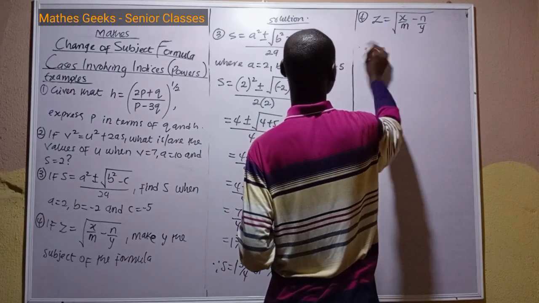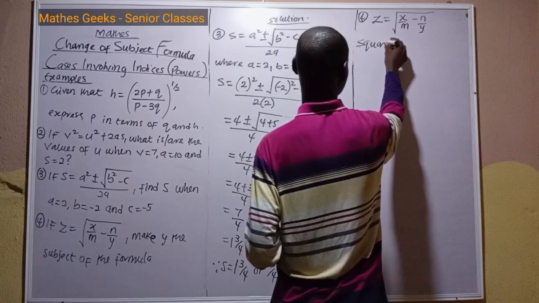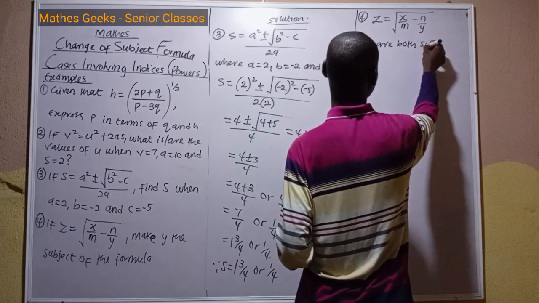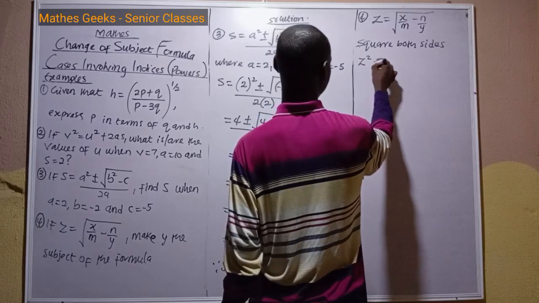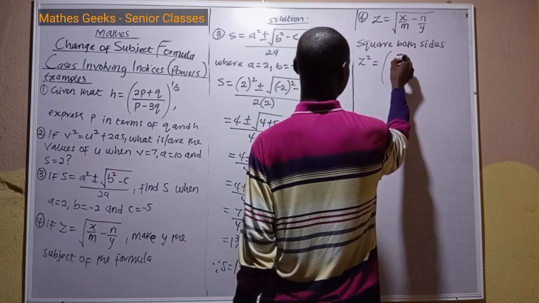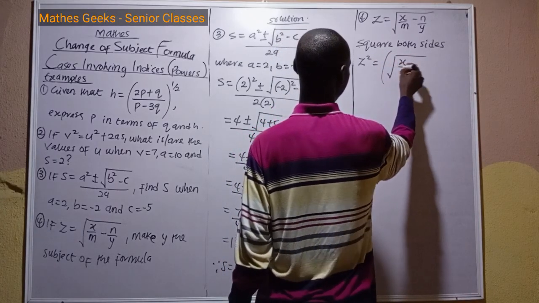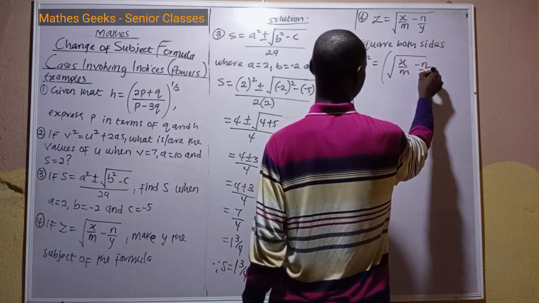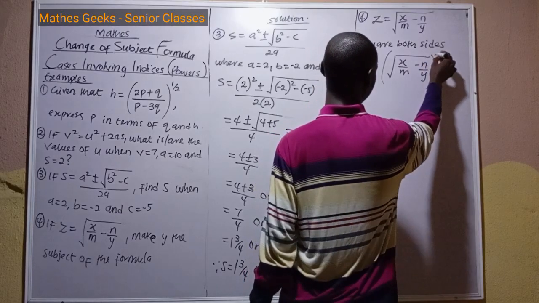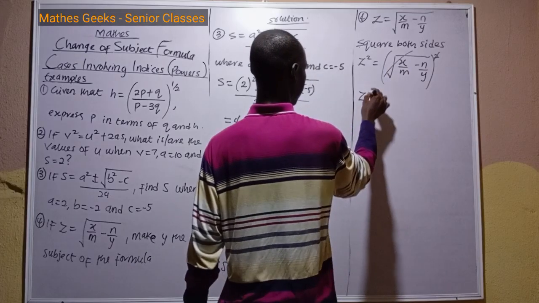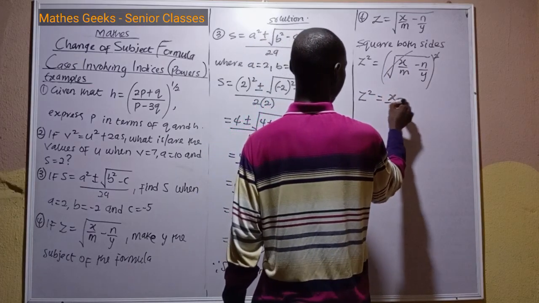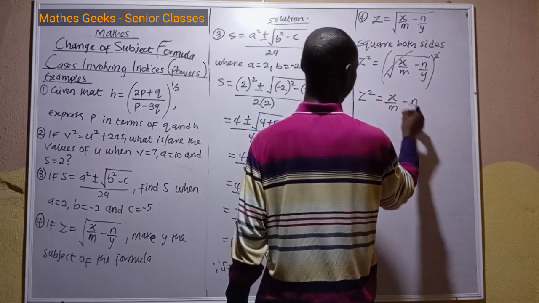So we square both sides. So z squared is equal to x over n minus n over y, to cancel the square root.